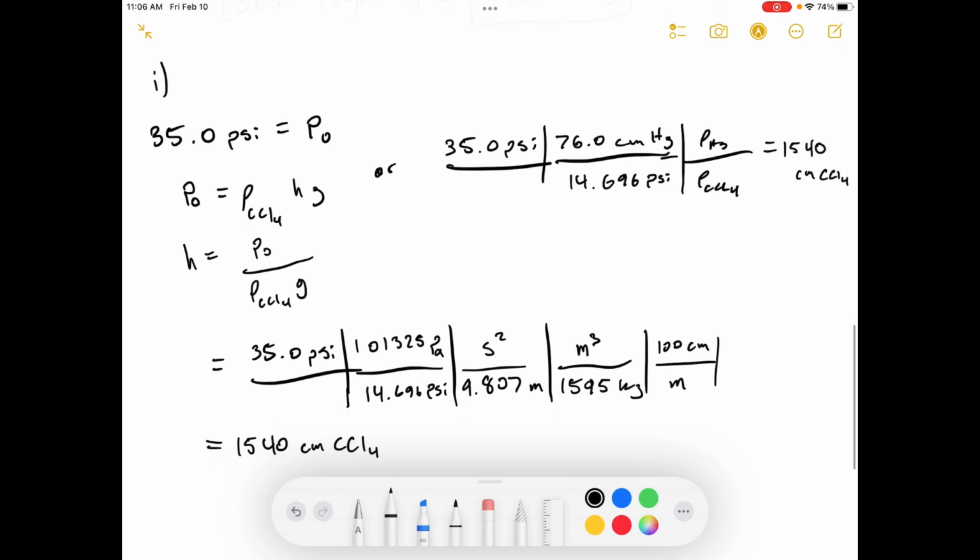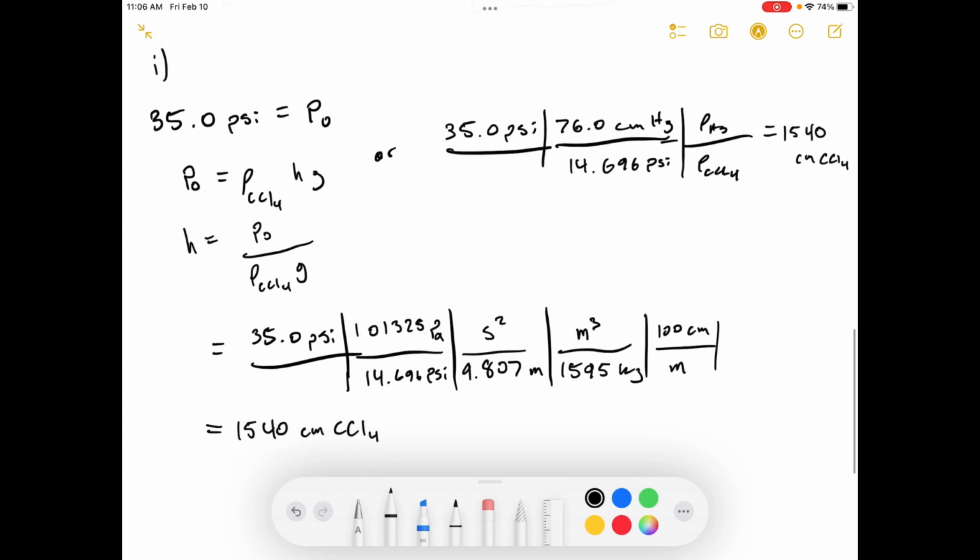All right, so for part I, this one was the most intense part of this problem. In part I, it says we have 35 psi, and I'm going to say that that's our pressure P naught. And we want to convert this pressure into a pressure head of carbon tetrachloride.